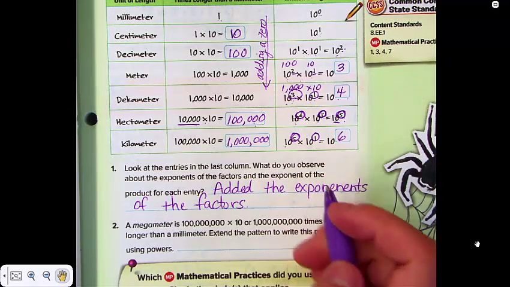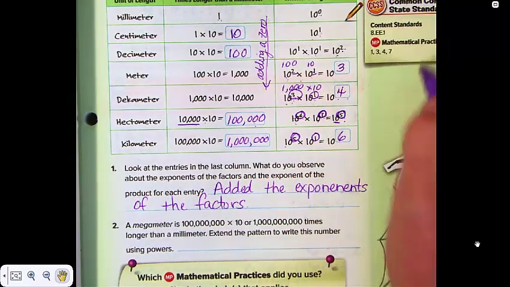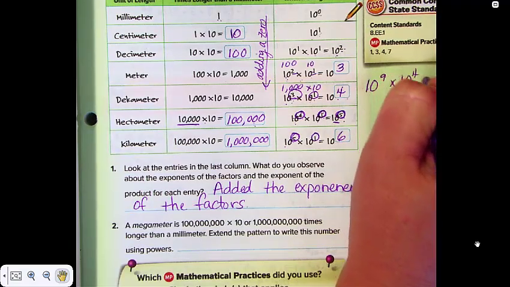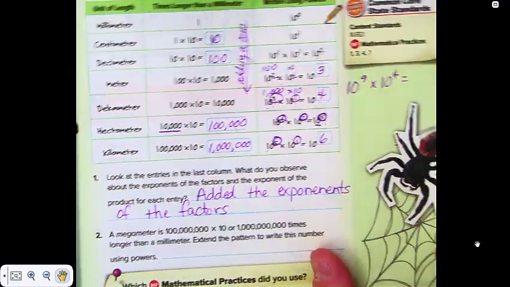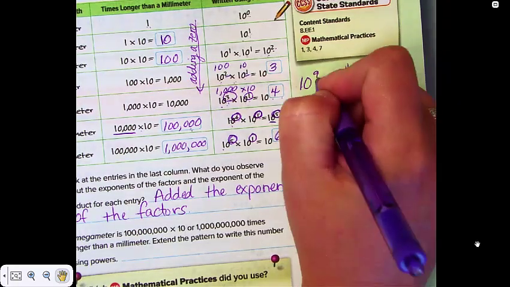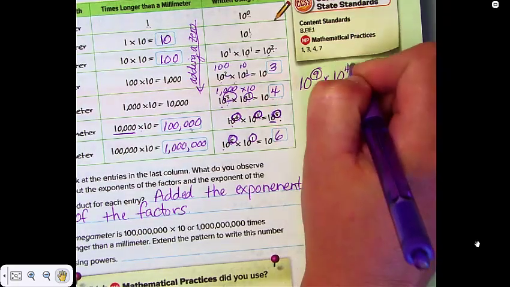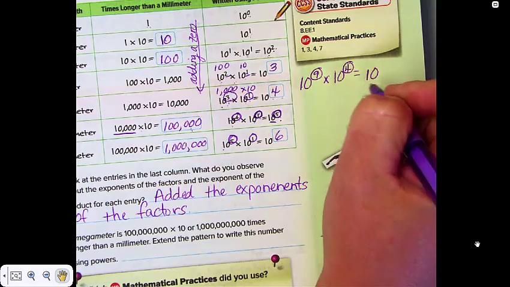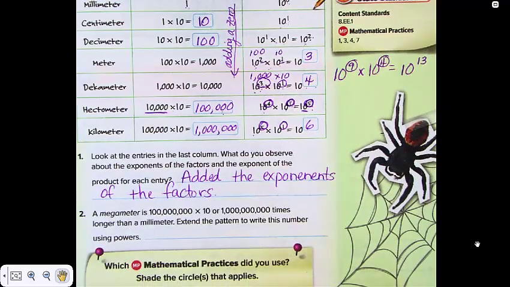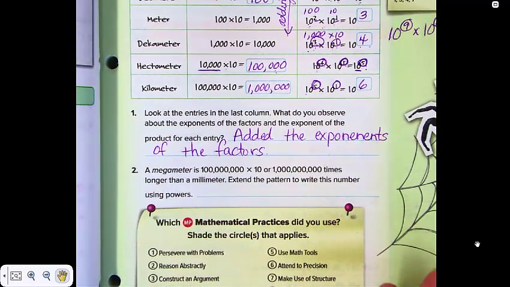So if I had, let's say, 10 to the 9th times 10 to the 4th, knowing that in order to get my answer I have to add my exponents, I have 9 plus 4, so I would have 10 to the 13th. All right, let's look at this next one.